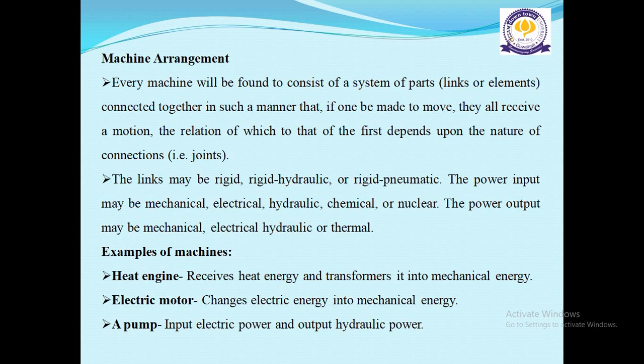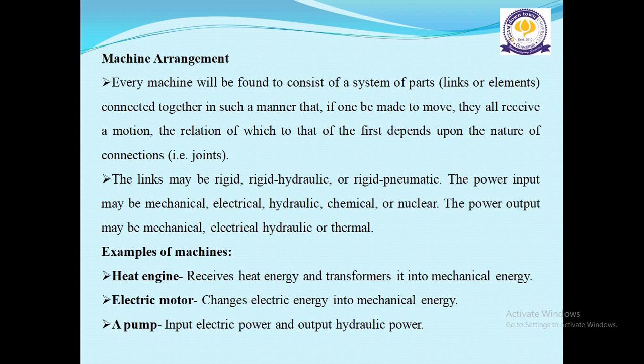The links may be rigid, hydraulic or rigid, pneumatic. The power input may be mechanical, electrical, hydraulic, chemical or nuclear. The power output may be mechanical, electrical, hydraulic or maybe thermal.